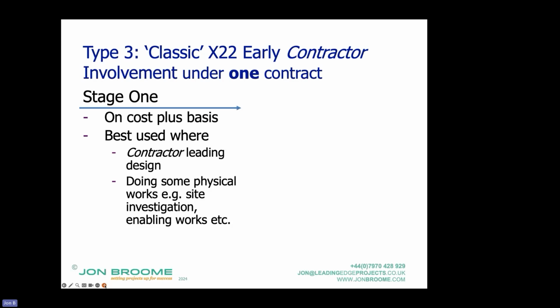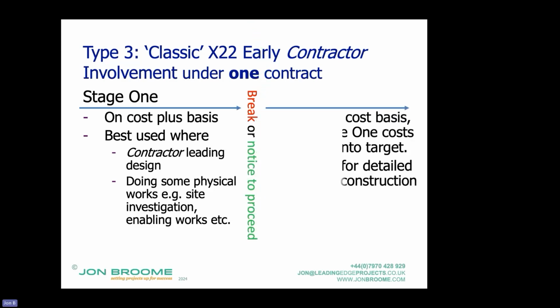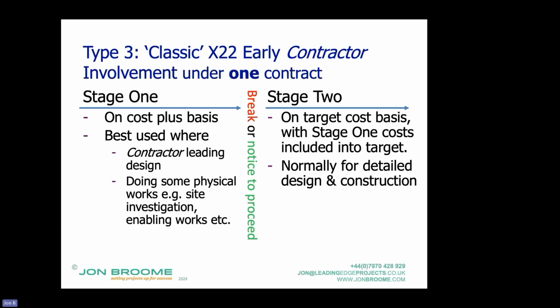What happens is effectively you do stage 1 on a cost plus basis, so as a cost reimbursable contract. And then you have a break or notice to proceed, and it transforms into a target cost contract where that target includes the costs incurred in stage 1. And that's normally for detailed design and construction.